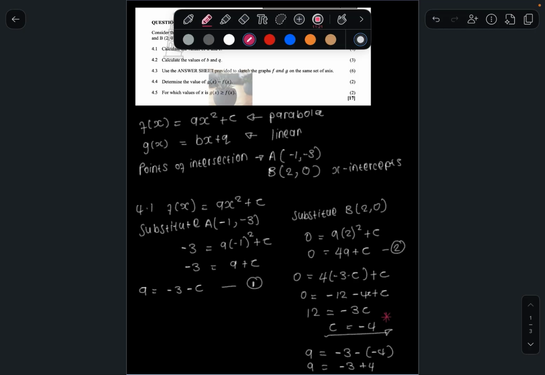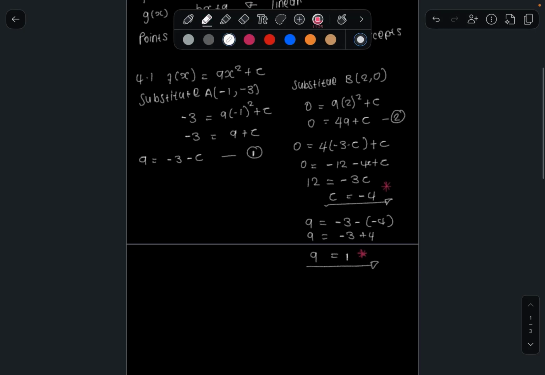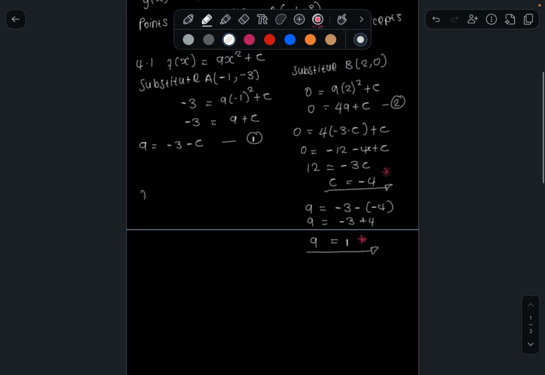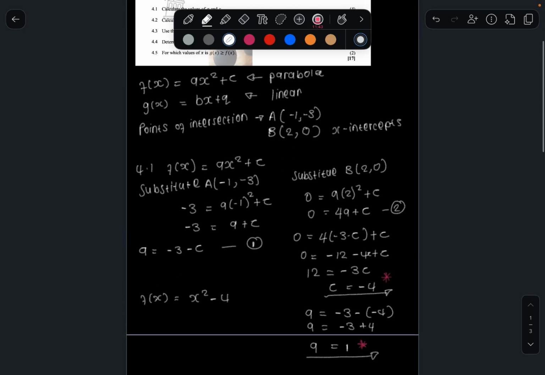So we can note down our formula now that f of x, just to make things easier, equals x squared minus 4, right? And we found our 4 marks. Full 4 marks, we get our full 4 marks, right?